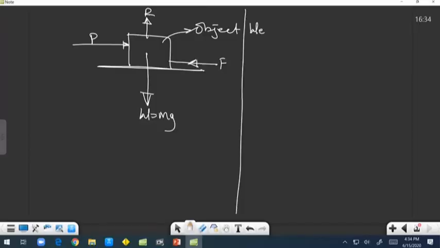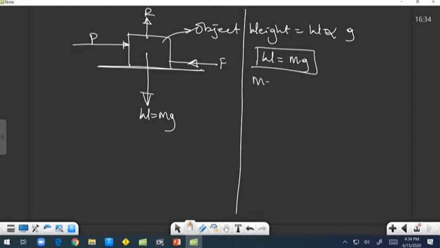The weight, which is W, is proportional to the gravitation, g. And therefore, the weight is equal to mg, where m is the mass and g is the acceleration due to gravity.